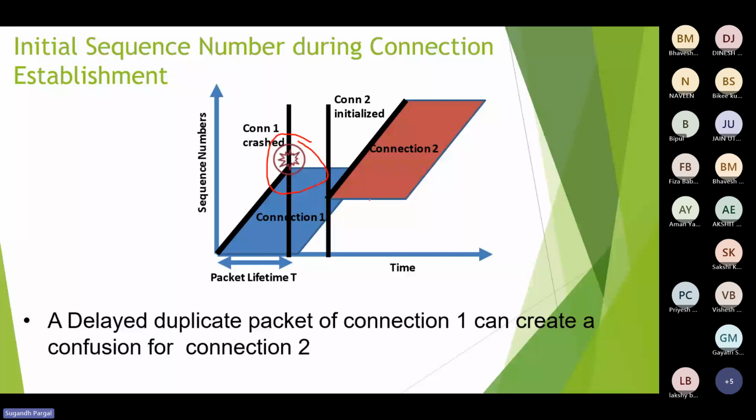So if we give the initial sequence number at this point, that will be duplicate with this sequence number if it is revived back. So then we cannot choose a sequence number till the connection one timeout is ended. We have to select the sequence number after the connection one timeout is ended. That is this point.